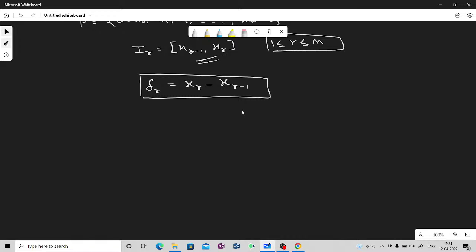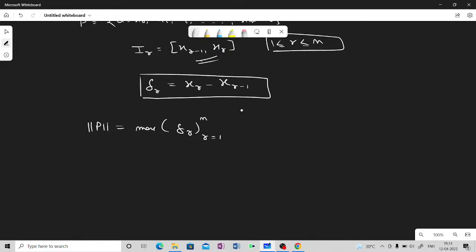Norm of a partition is given by the maximum of all the lengths of the sub intervals which a partition has created, right? So basically norm of P is given as the maximum of all delta r possible for r equals 1 to n.